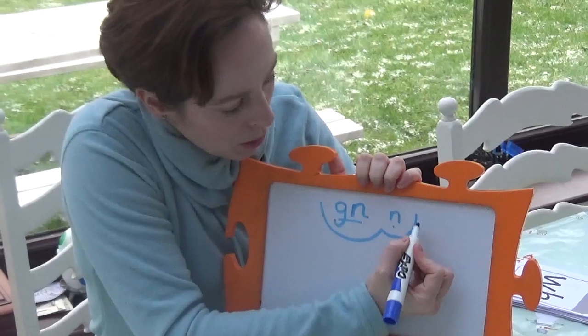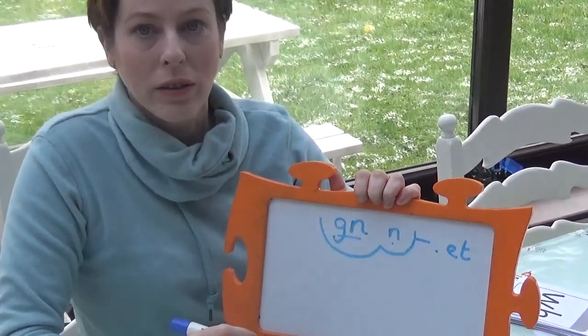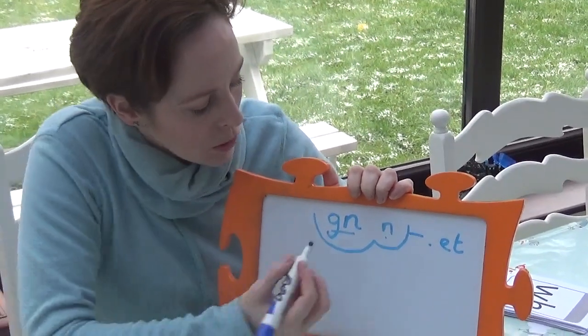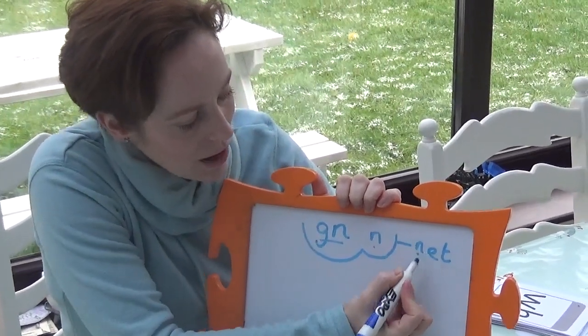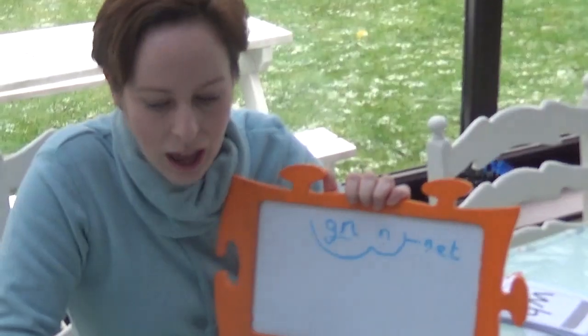So let me show you a word. The word is net, net. Which n is it? Because a single letter sound, so n, net. Like a net in netball, net, net.